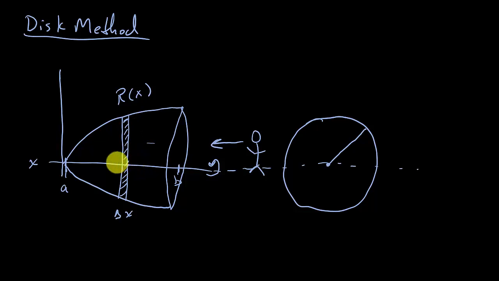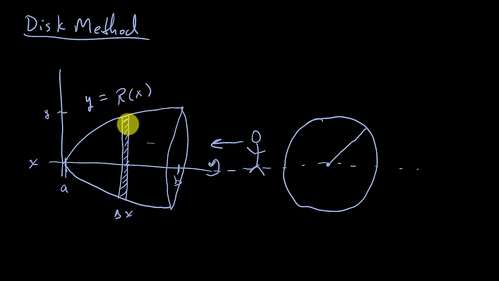We go from here to this y value here, to some y value. That's the radius. We need to get that in terms of x. We could say this function here is y equals big R of x.